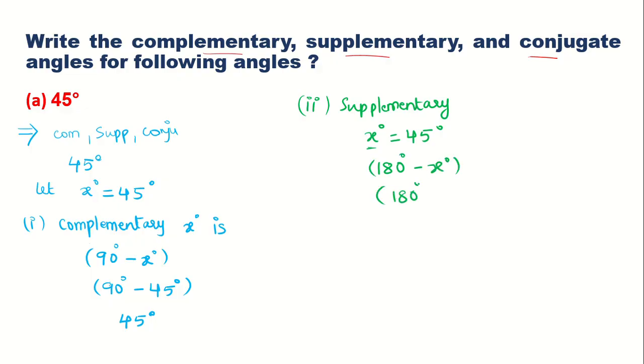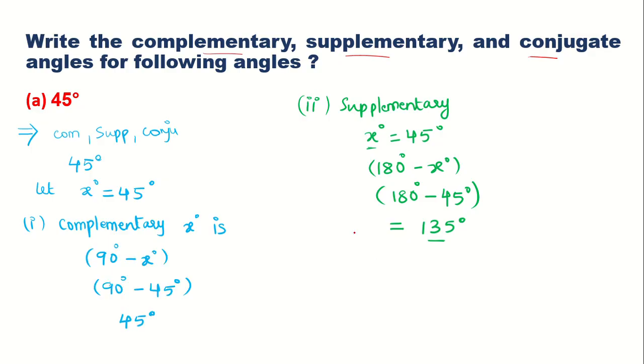So 180 degrees minus 45, how much will be your result? Yes, it is 135 degrees. So the supplementary angle of the given x degrees, 45 degrees, is 135 degrees.